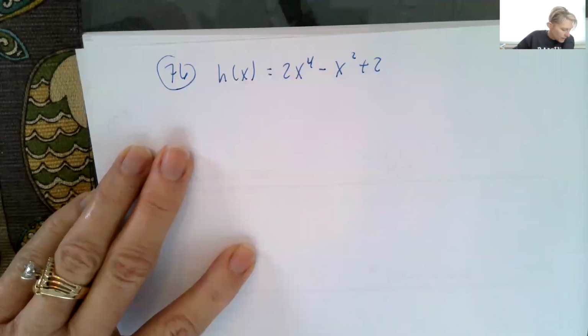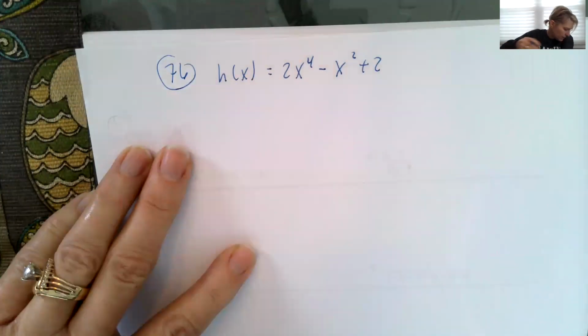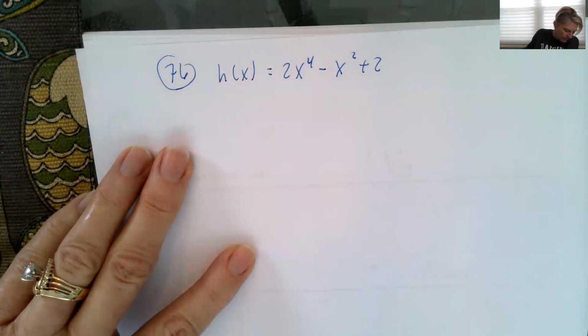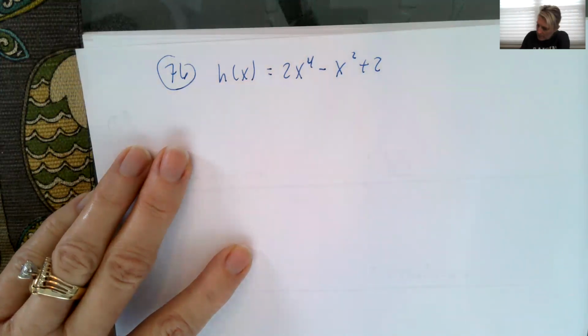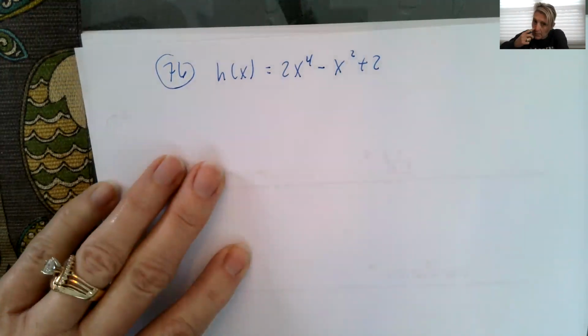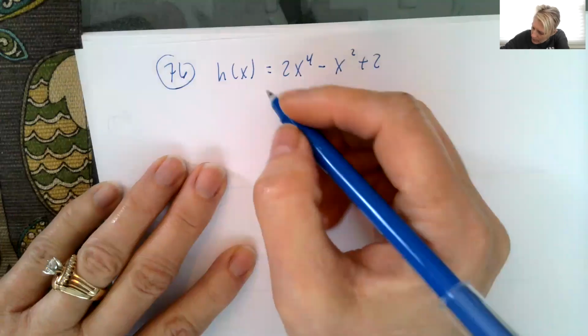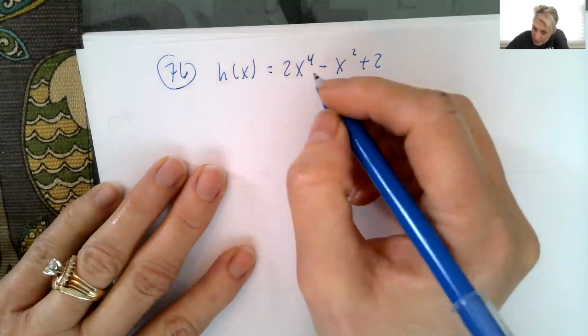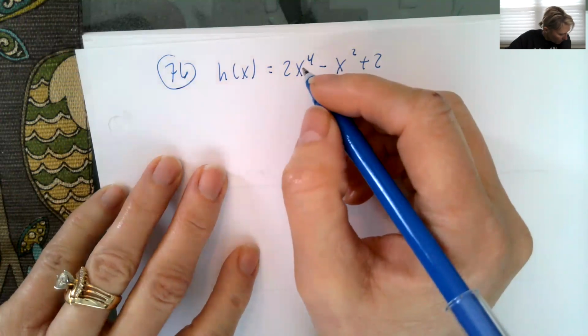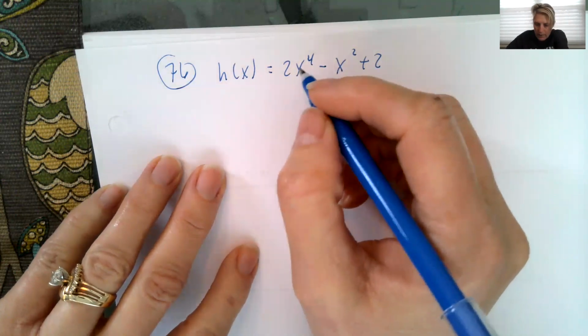And it's asking us to decide if it's odd, even, or neither. Determine the symmetry, if any, of its graph. So is it odd or even?